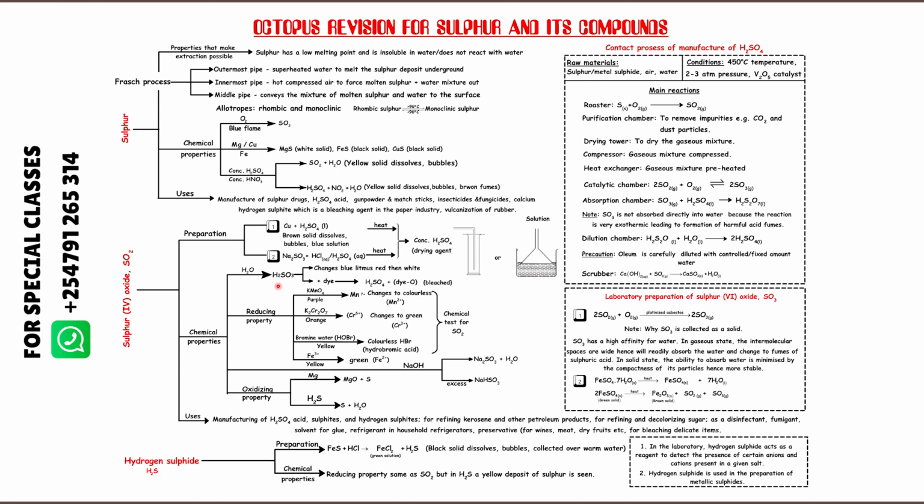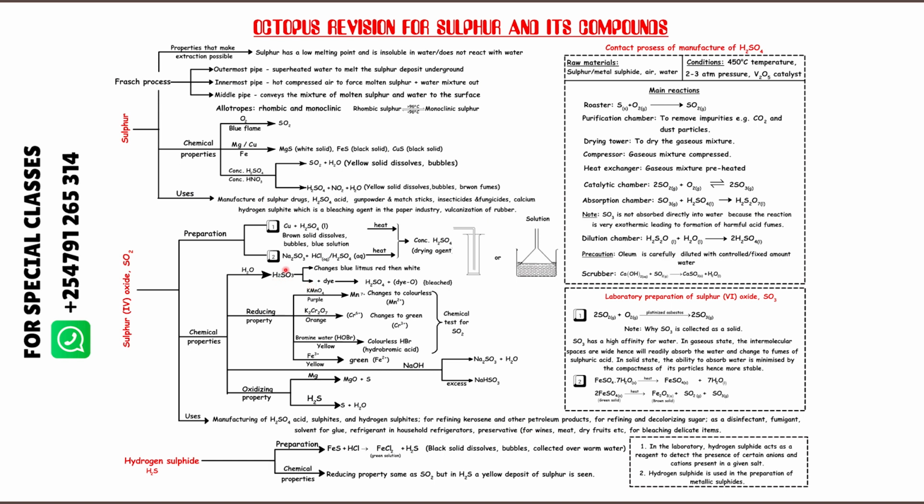You get sulfuric 4 acid. Now, this is what makes it able to change blue litmus paper red then white. So that is what explains the bleaching and acidic properties of sulfur 4 oxide.